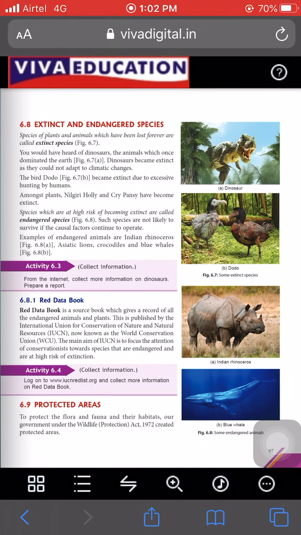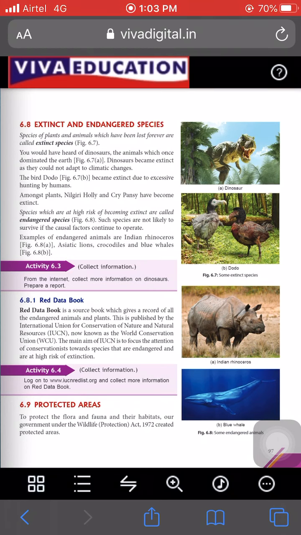The record of endangered species is published in the Red Data Book. The Red Data Book is a source book which gives a record of all endangered animals and plants, and this book works under the World Conservation Union.